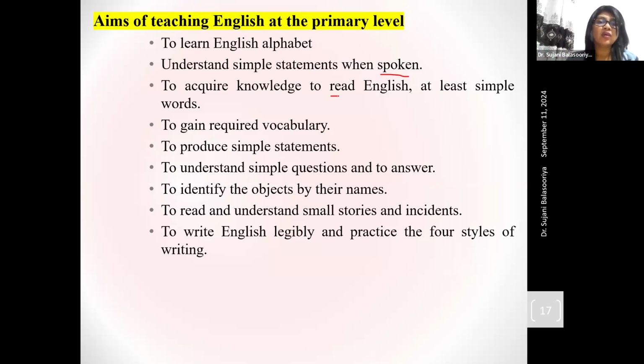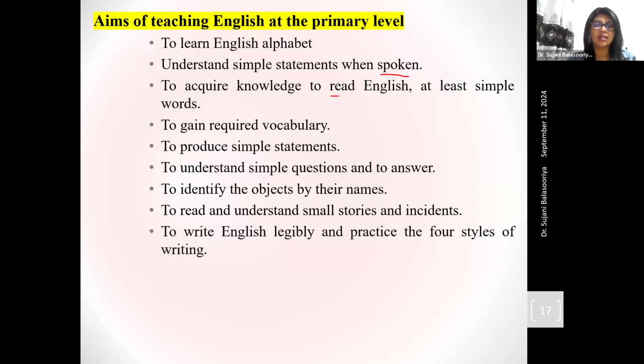They should be able to understand. And to gain the required vocabulary: the required vocabulary here means vocabulary suitable to the primary level, not all the words of English. There are some sets. When you refer to the textbooks, you might find in certain lessons the vocabulary focus is there.